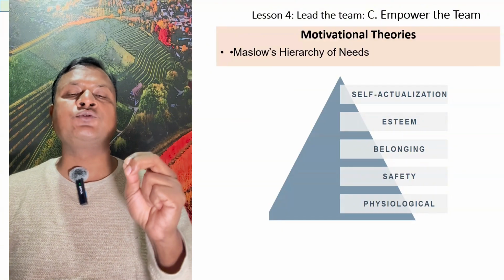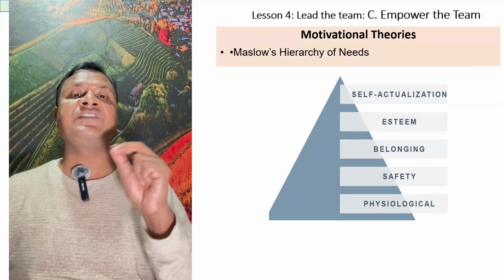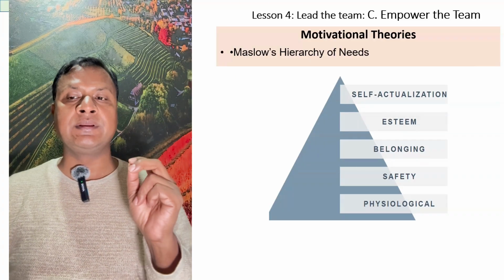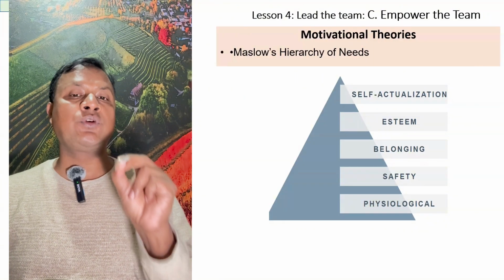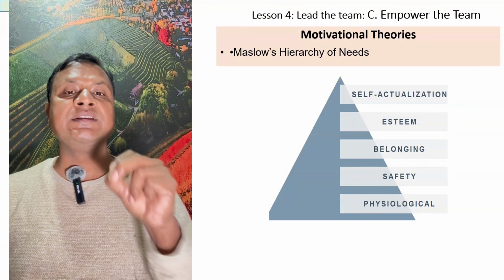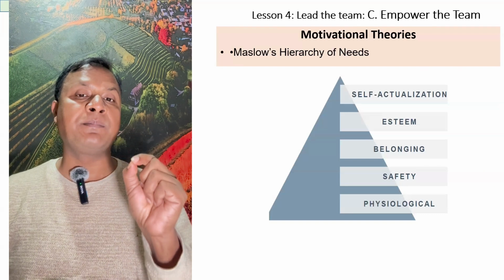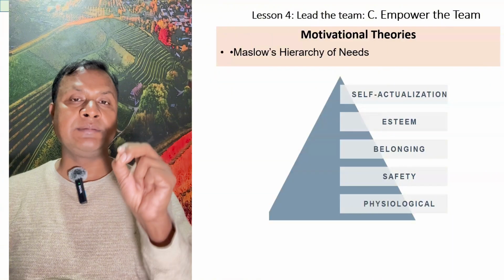And then people focus on esteem, self-respect. And finally, self-actualization. It's beyond the normal personality. So as a leader, you should focus on the needs and requirements of each member, by which you can attract the team members.